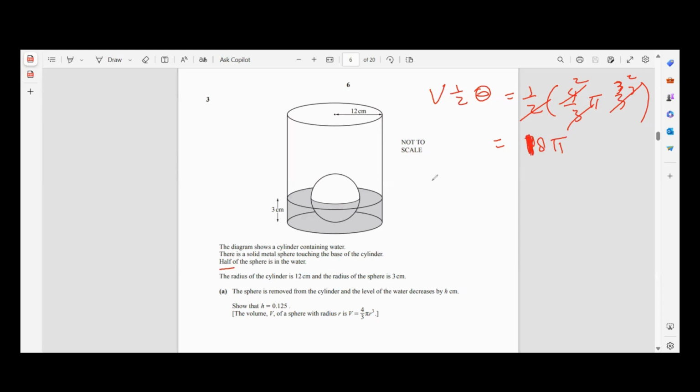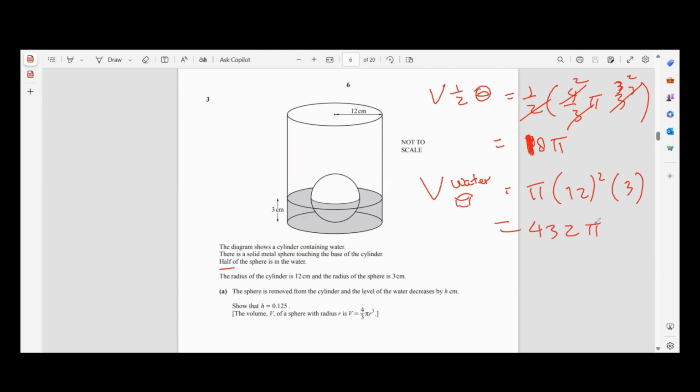And then we have to calculate the volume of the water cylinder. It is pi r squared, the base area, times height. So pi, the radius is 12 squared, and then the h is 3. So here we shall get 432 pi.